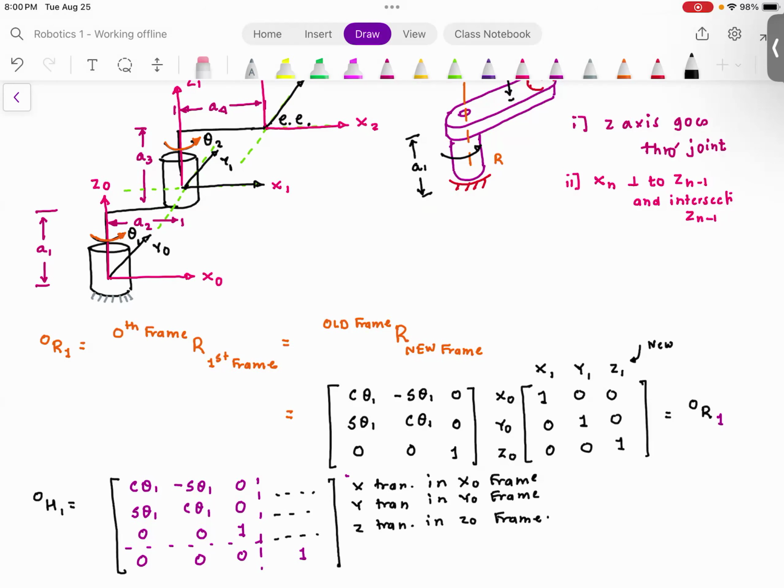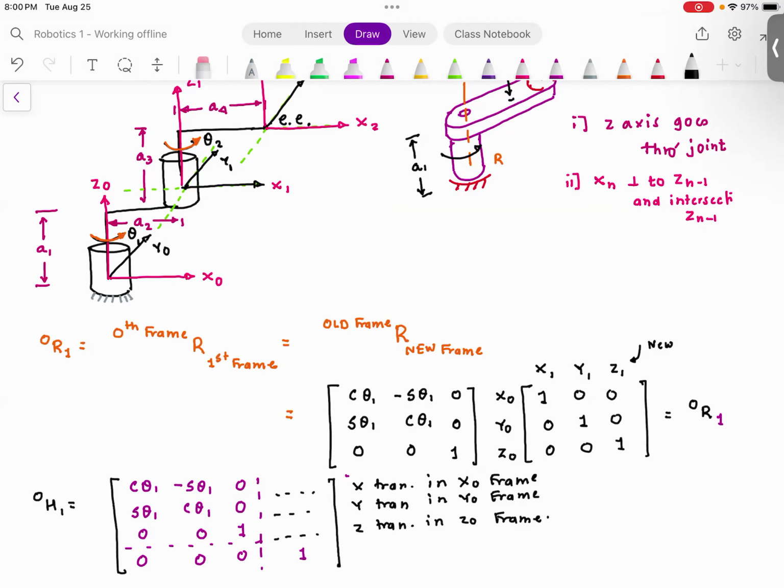So please try to understand. You are dealing with two frames. The old frame is X0, Y0, Z0. The new frame is X1, Y1, Z1. You want to find out how far apart these two frames are.